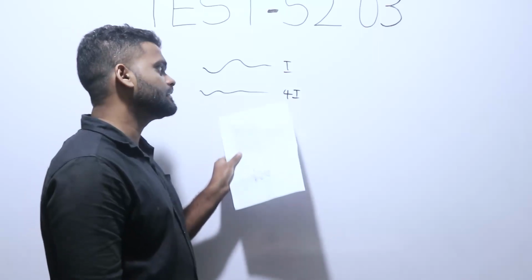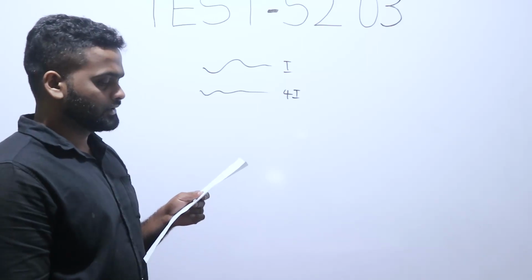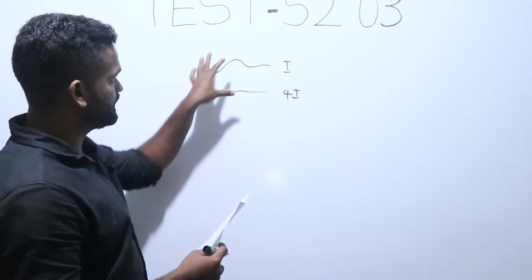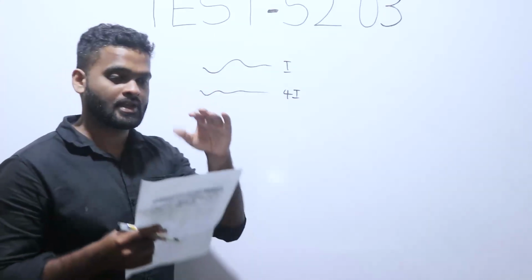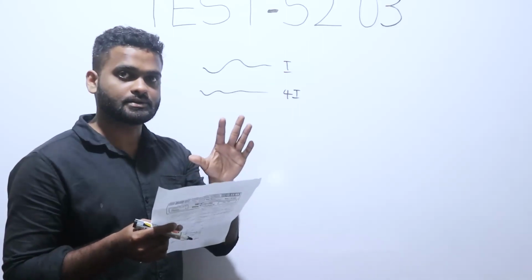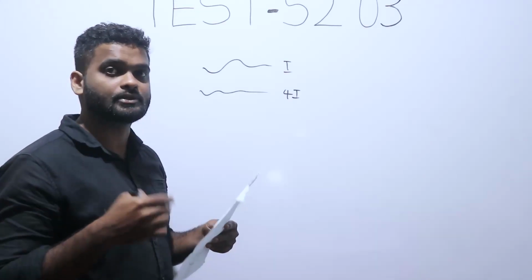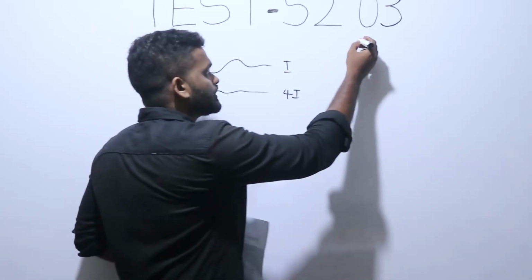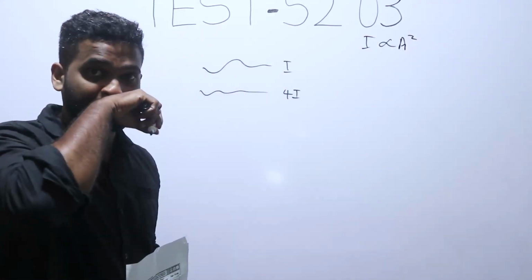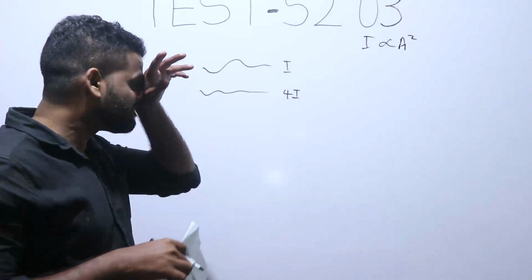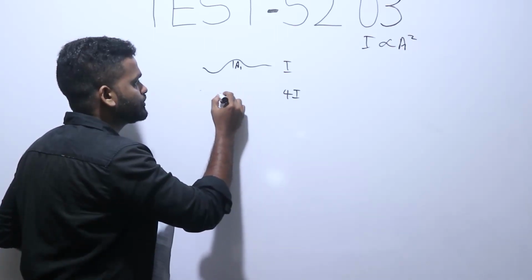When these two waves superpose, the amplitudes add up. So here we need to find the amplitudes. Intensity is proportional to amplitude squared. Let's say here the amplitude is A1, here the amplitude is A2.